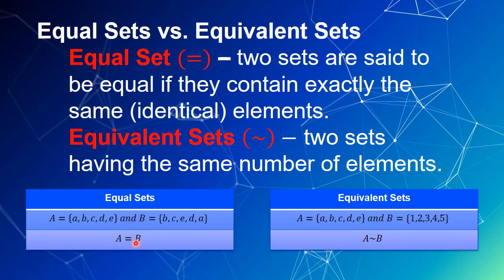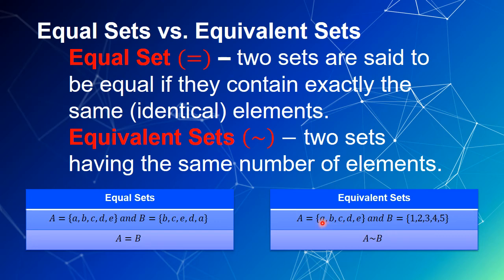On the other hand, we have equivalent sets. Set A is equal to A, B, C, D, E. And for set B, we have 1, 2, 3, 4, 5. So take note that these are entirely different.